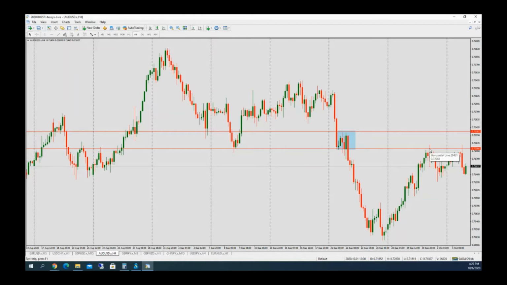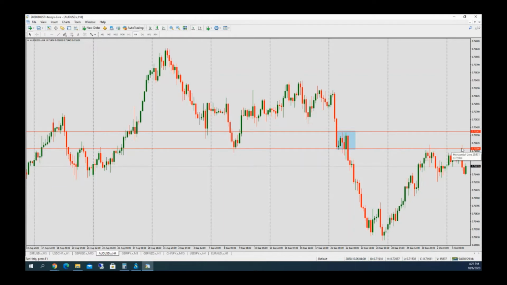And the reaction that you can see here is because of this supply on the left. So originally, this is how it looks. This is a supply level. And then we can see how the price touched this level the first time, and then the second time, and now we can consider this level as a resistance level.